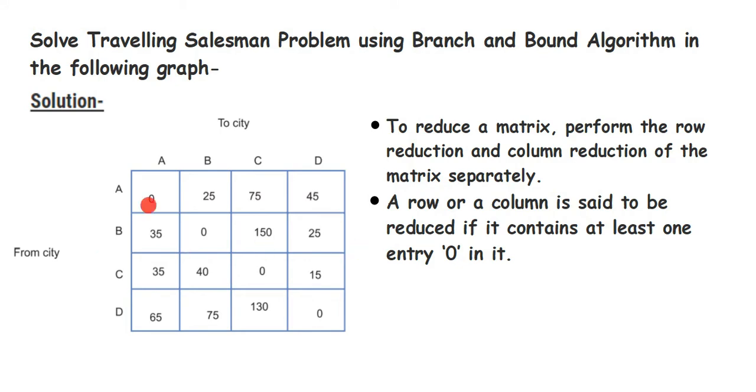But before proceeding, you might ask: 0 is the minimum, so how did I take it as 25? We're going to consider this A to A as infinity as we do not know the value. Hence, the 0 will be taken as infinity. We'll be rearranging this in the next step.